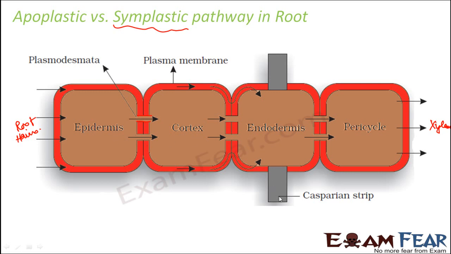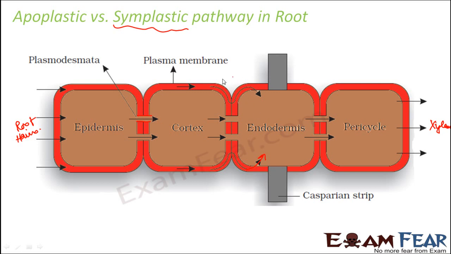In the endodermis, as I said, the Casparian strip will be present, and the Casparian strip is completely impermeable to water. That is, it is a waxy layer which doesn't allow water to pass through it. So as a result, even when the apoplastic pathway was followed, where it was moving through the cell walls, as soon as it reaches near the Casparian strip, instead of going through this red colored structure, it directly jumps into the cytoplasm, because now the Casparian strip will not allow it to move further.